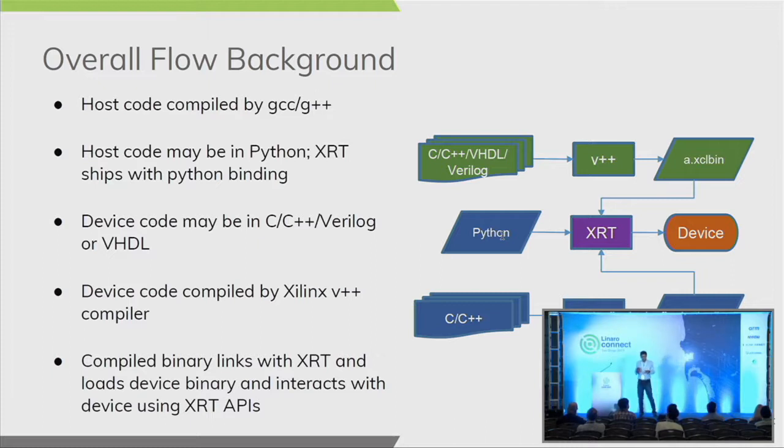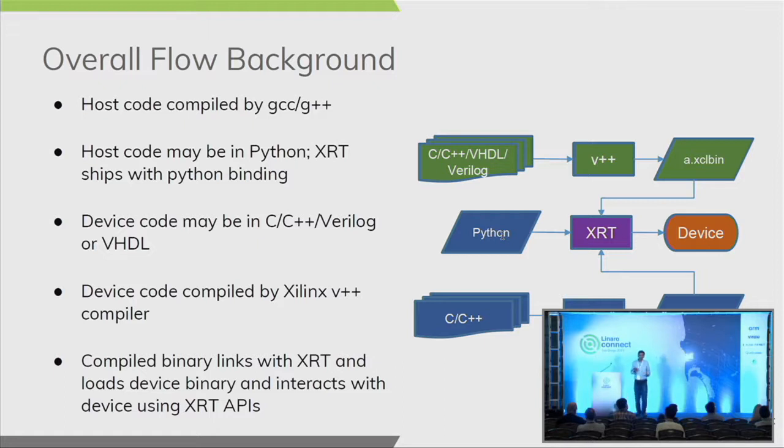So in this picture here, you can see that if you are accelerating for Xilinx devices today, or even think of it like GPU or any other architecture, you'll use a target compiler, which in case of Xilinx is called V++, and you can use C++, Verilog, VHDL if you're hardware savvy, to compile your design into a .xclbin. That's what we produce.